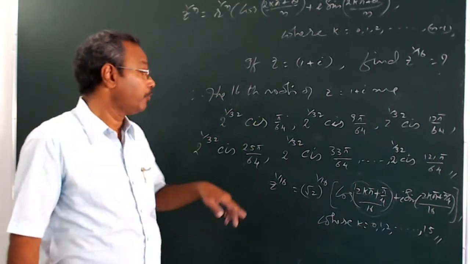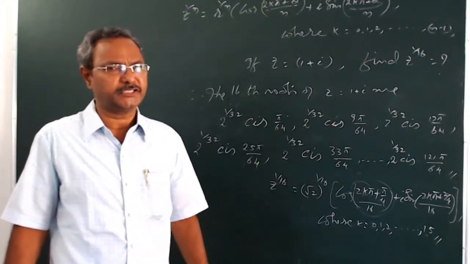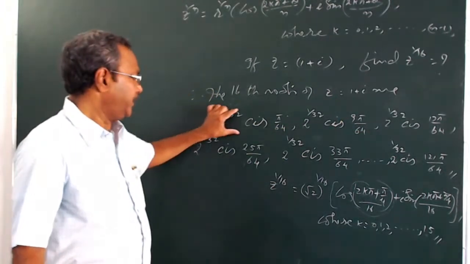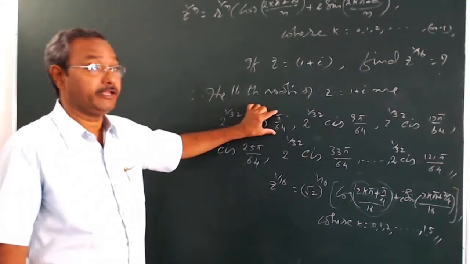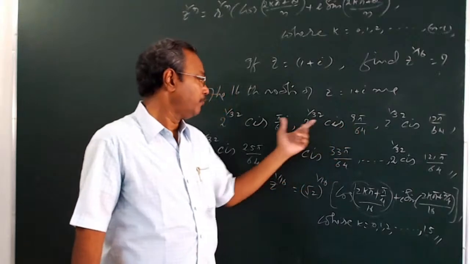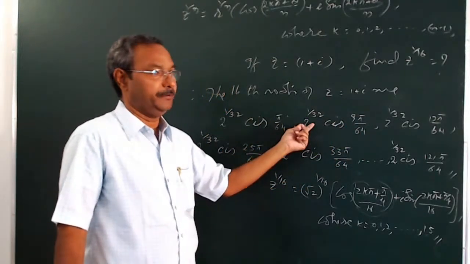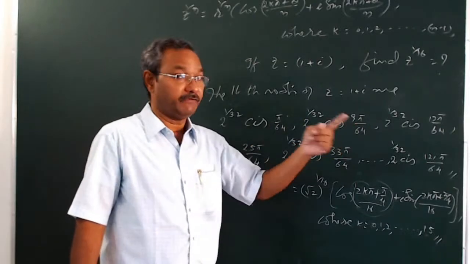That too, you need not evaluate all these quantities again and again. That's not required. Identify the first root for k equal to 0. Identify the second root for k equal to 1. Once you have these two, you can see that the modulus remains the same, while the amplitudes will be in arithmetic progression.